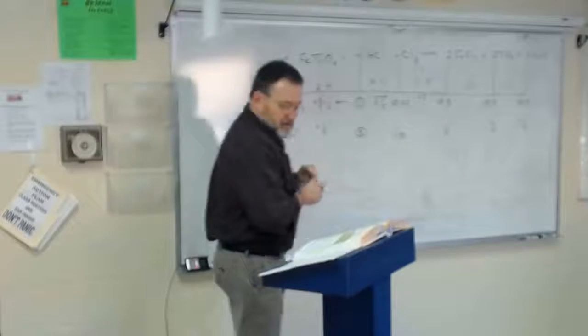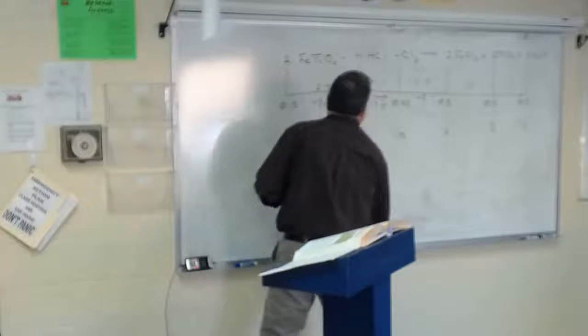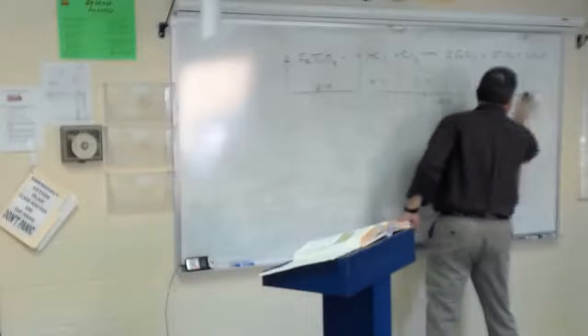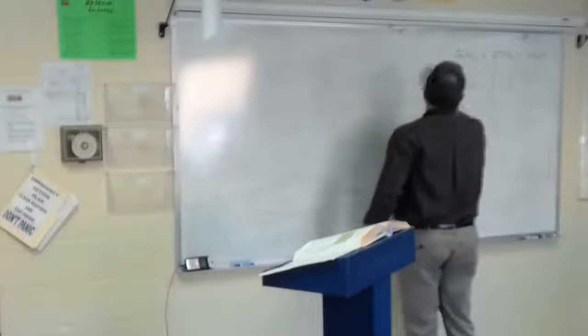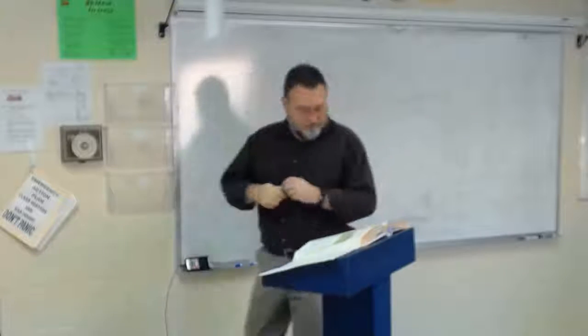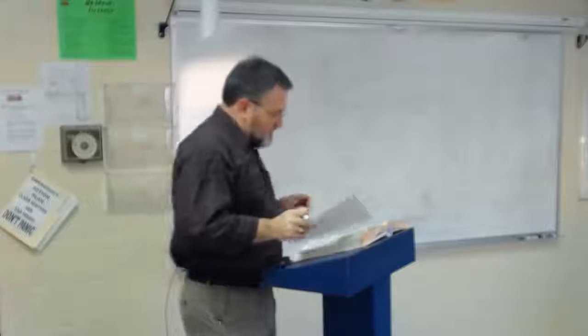Let's look at example A3 as a way of approaching this a little more deeply. So we've got ethanol and sulfuric acid to produce ether and persulfuric acid.